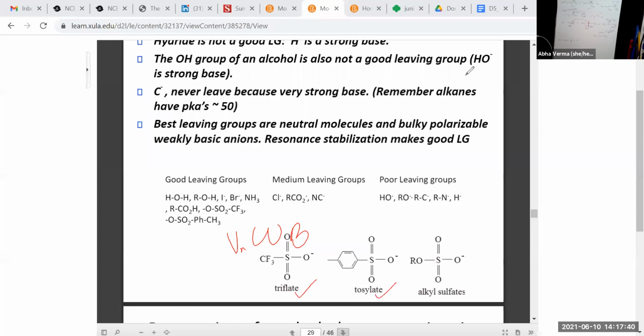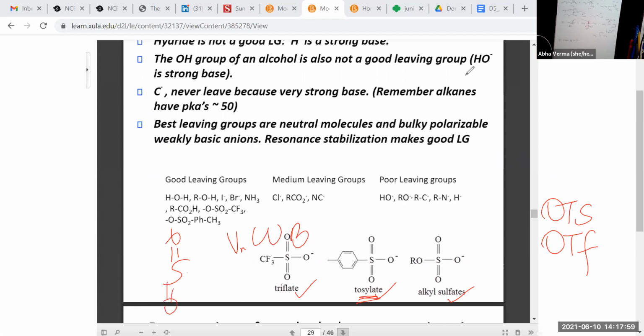So triflate, tosylates, and other alkyl sulfonates. Commonly, we call these OTf. And this is known as OTs. There is a mesylate also.